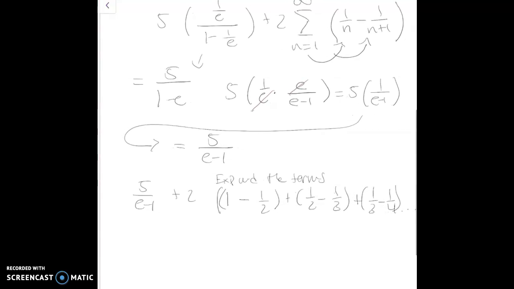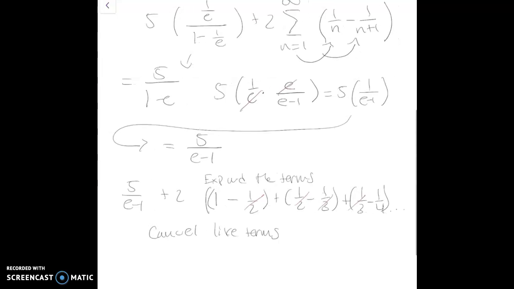And right here we would cancel like terms. So we cancel these, and also including 1 over 4, because, of course, it would go on.